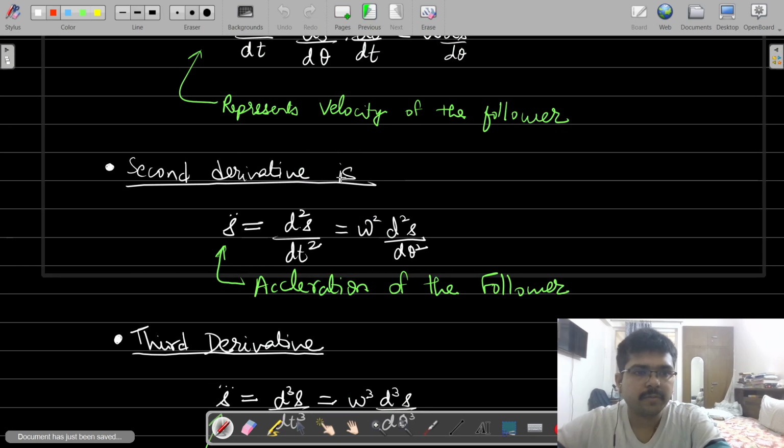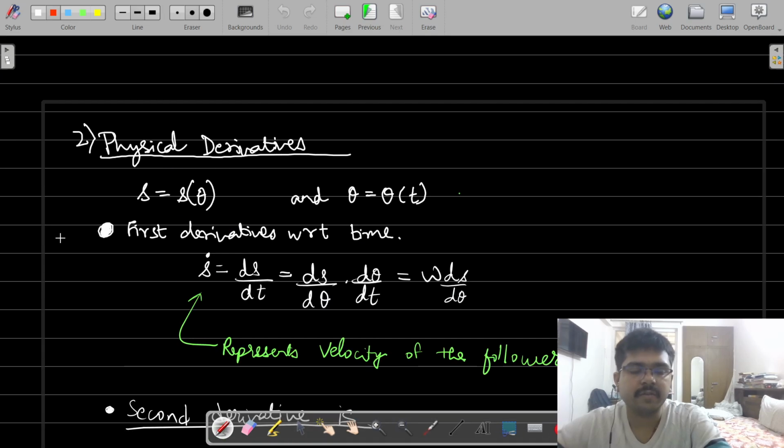Now we come to the physical derivative. In the physical derivative, S is equal to S of theta and theta is equal to theta of t. The first derivative with respect to time is S dot, equal to ds by dt, which can be written as ds by d theta times d theta by dt.